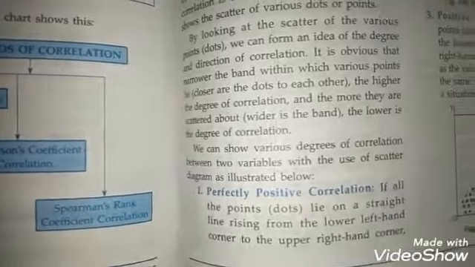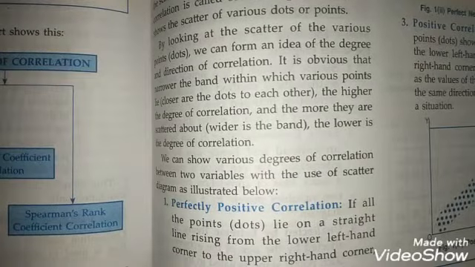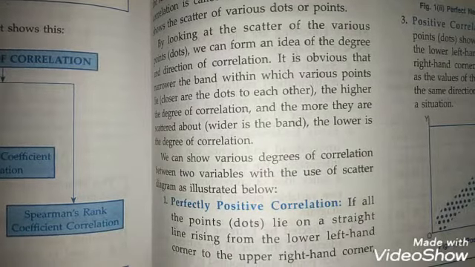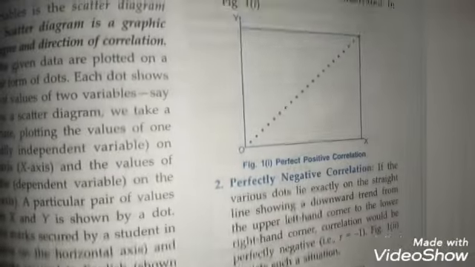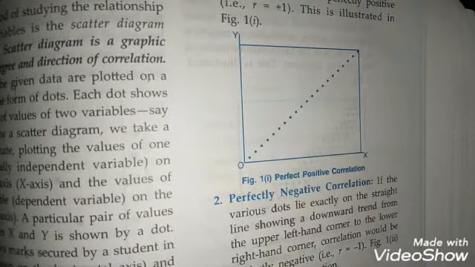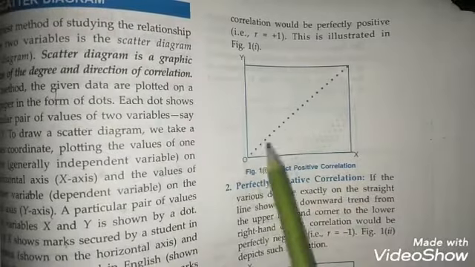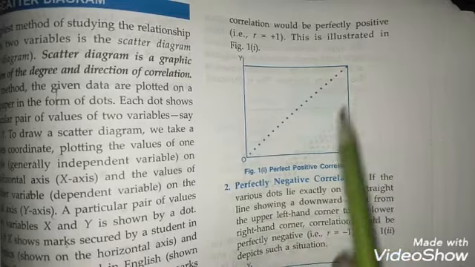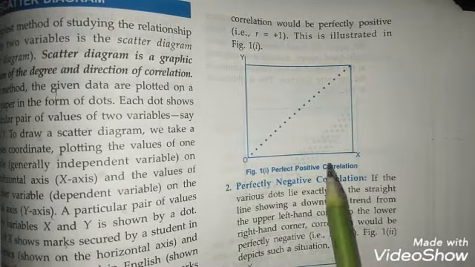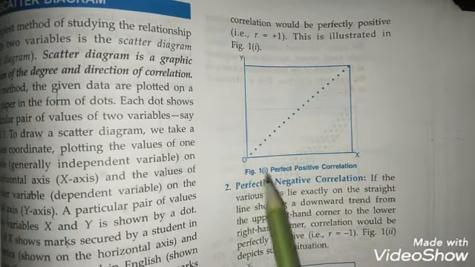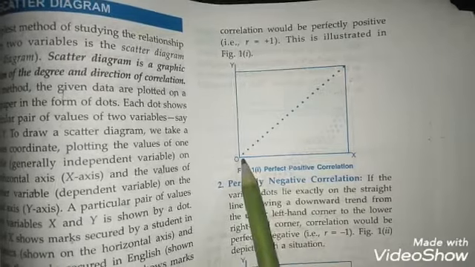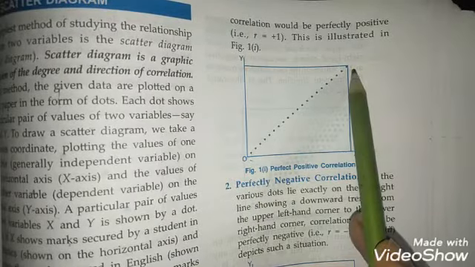First of all, there is a perfectly positive correlation. When we plot the values of both the variables on a graph paper using dots, this is the type of line that is formed. It lies on a straight line rising from the lower left hand corner to the upper right hand corner.